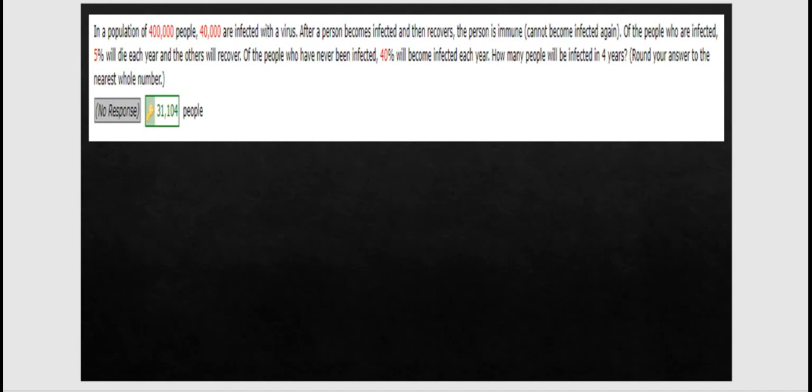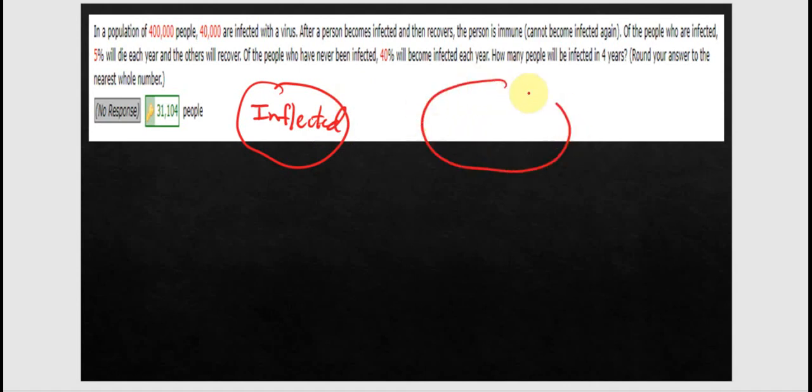So we got to have a bubble for the people who are infected, right? And then we have a bubble for the people who have never been infected. I guess it'd help to know how to spell infected.